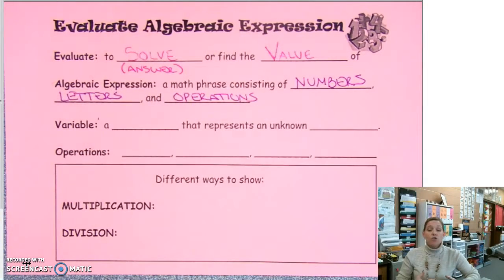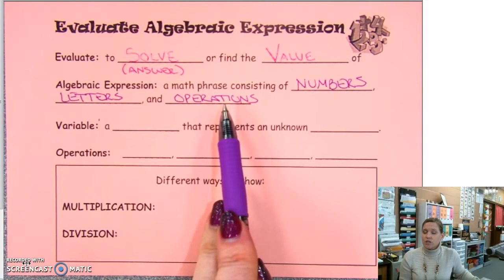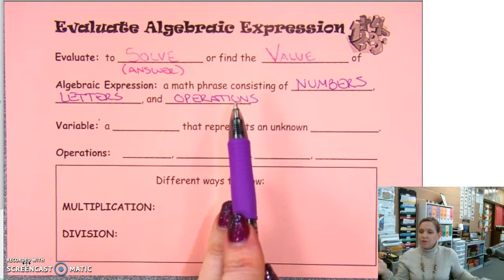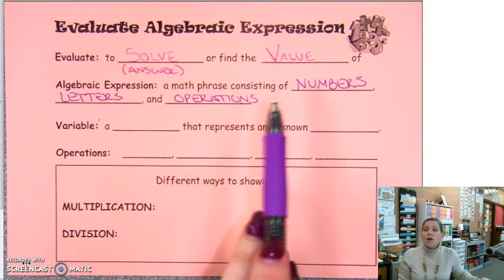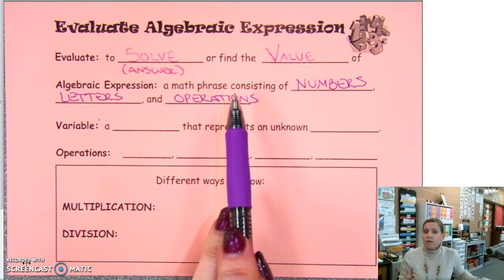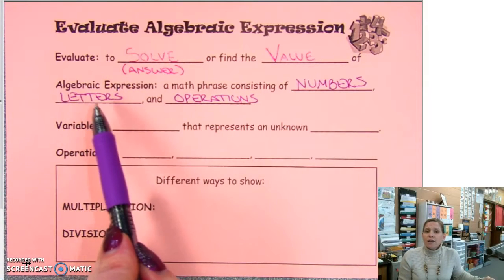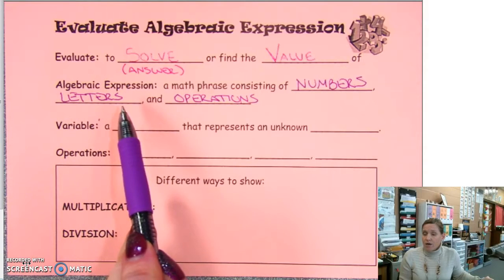And we have done numerical expressions up through to this point. Numerical expressions are just the numbers and the operations. 3 plus 2 times 5 to the second power. All of that would be numerical expressions. Algebraic is when we throw the letters in there.